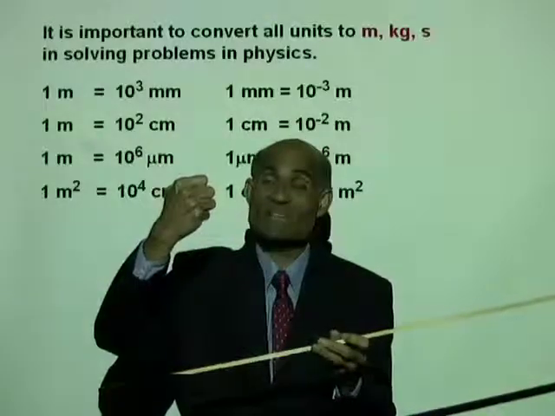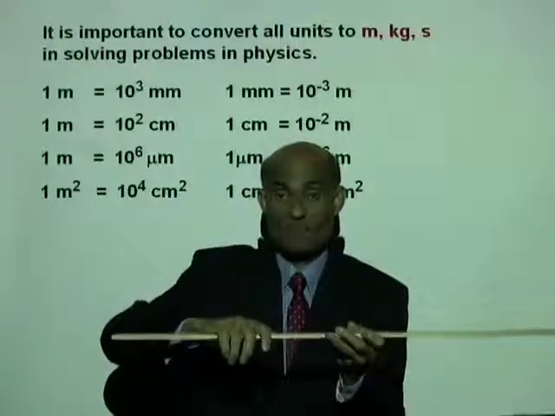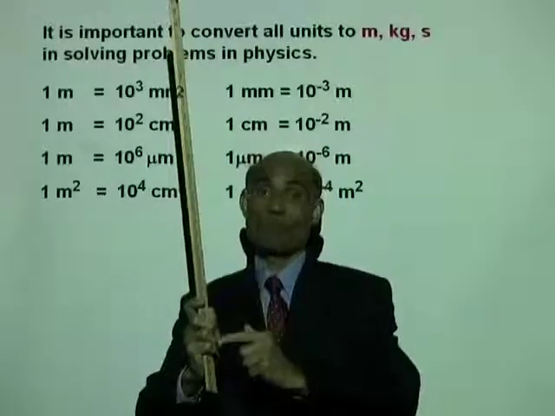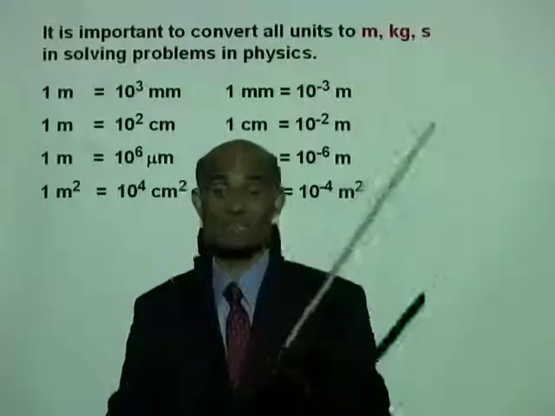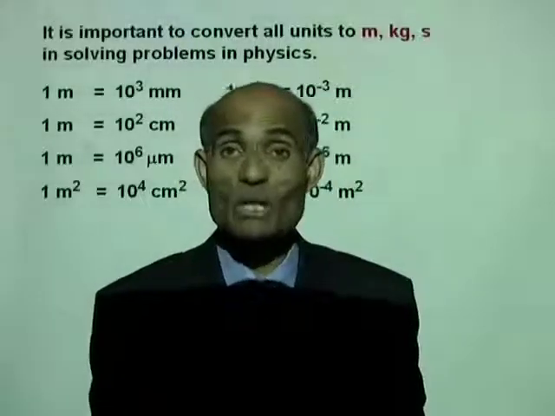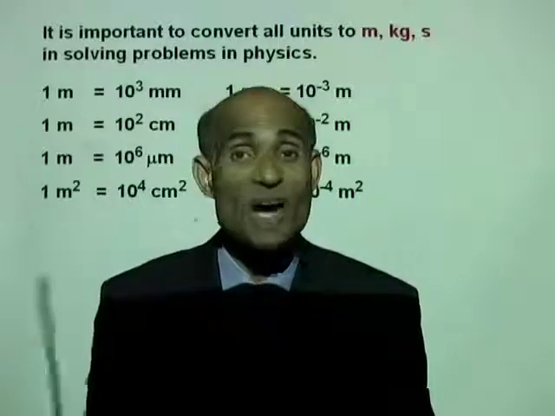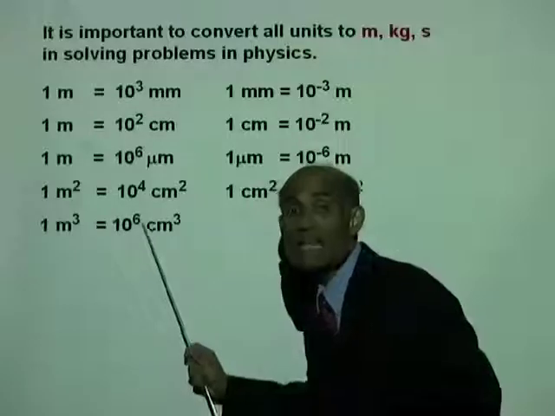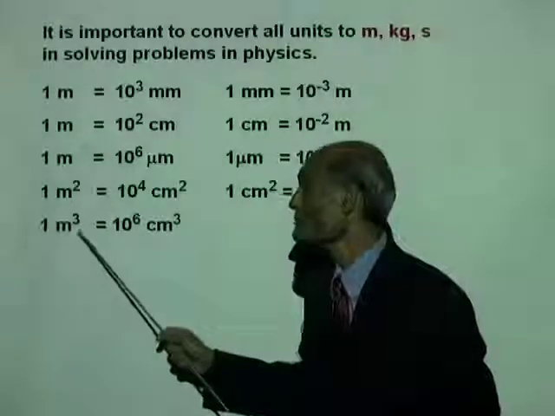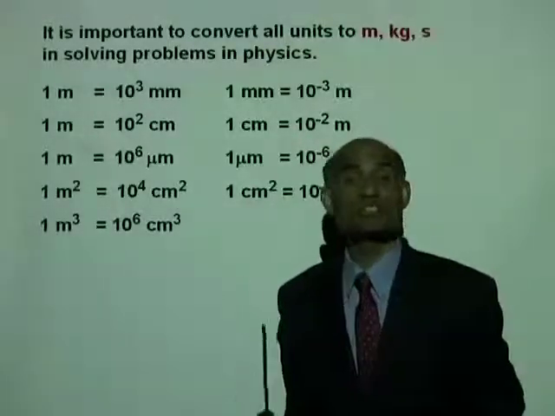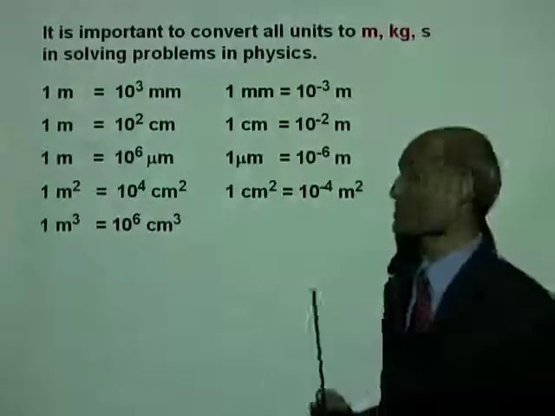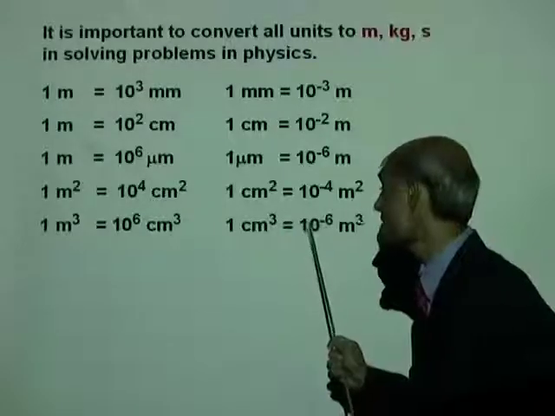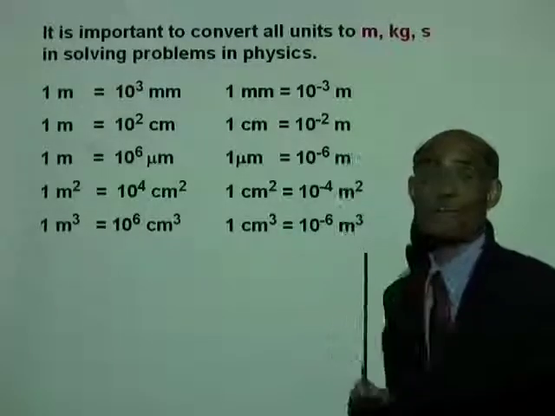And if you write that in centimeters, it will be 100 centimeter multiplied by 100 centimeter multiplied by 100 centimeter. So 1 cubic meter contains how many centimeter cube? 1,000,000 centimeter cube. 1 meter cube contains 1,000,000 centimeter cube. Therefore, 1 centimeter cube is 1,000,000th of a meter cube.